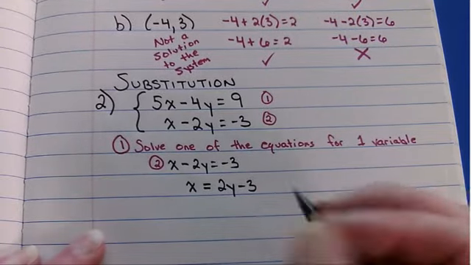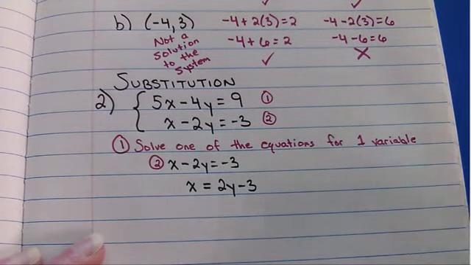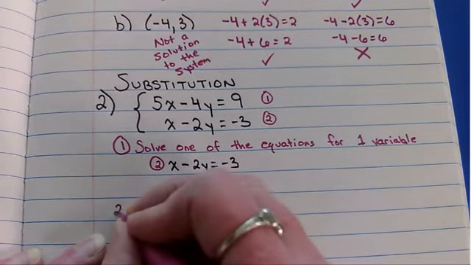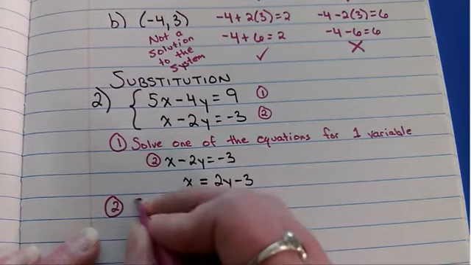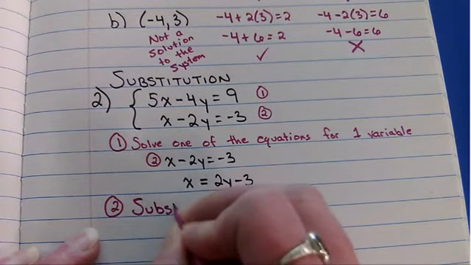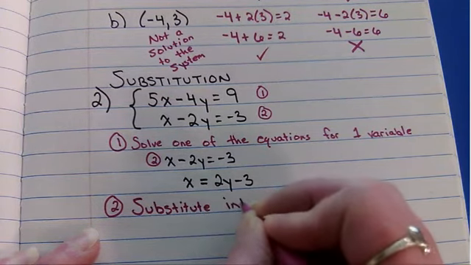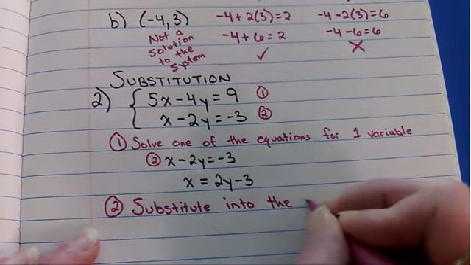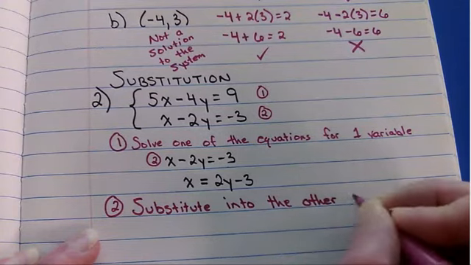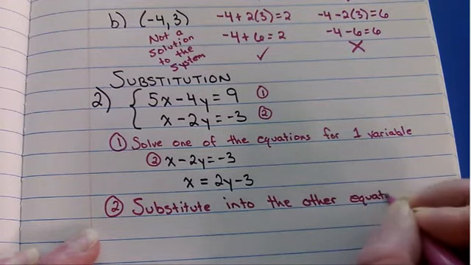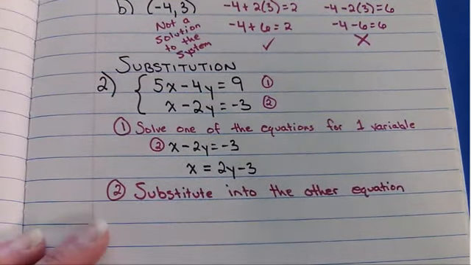So what I'm going to do is I'm going to take that, substitute into the other equation. I'm not going to substitute it back into itself because everything's going to disappear.